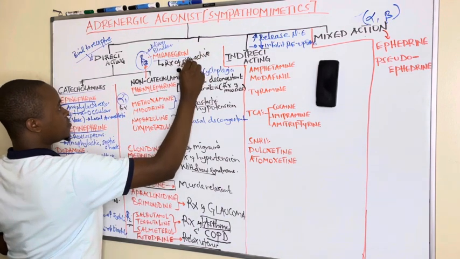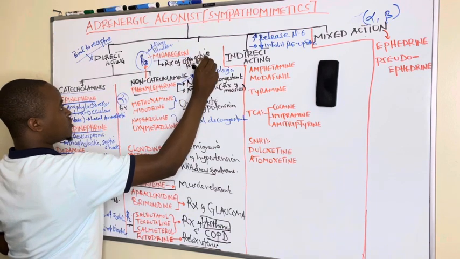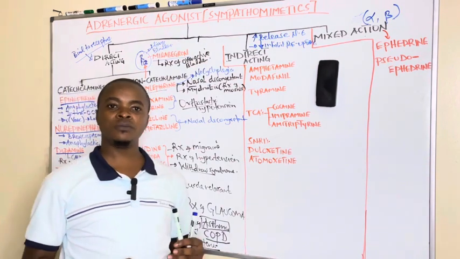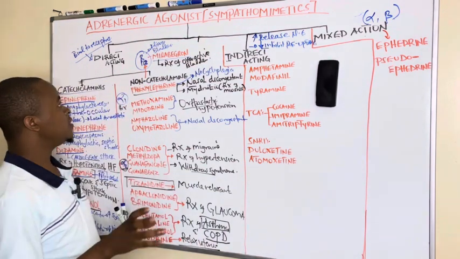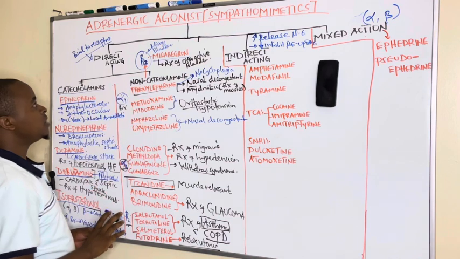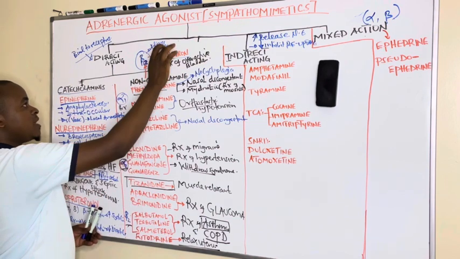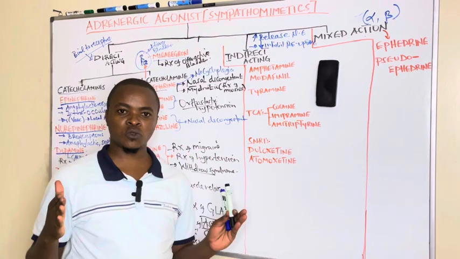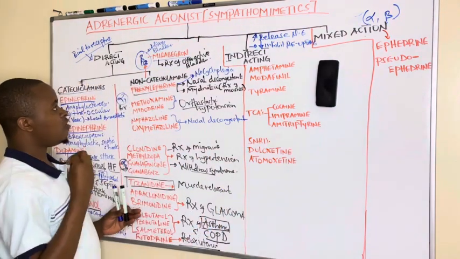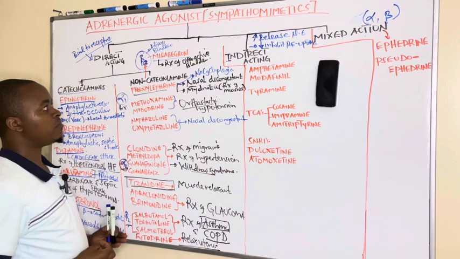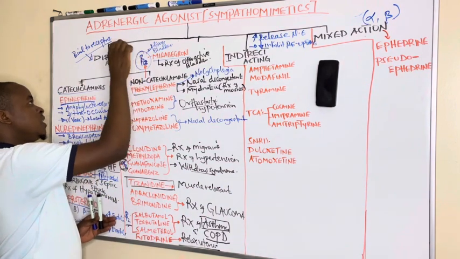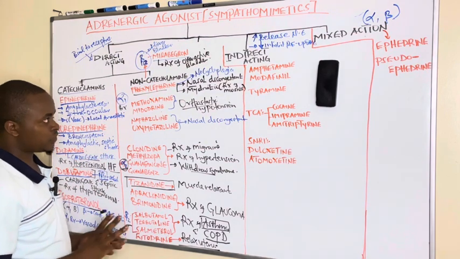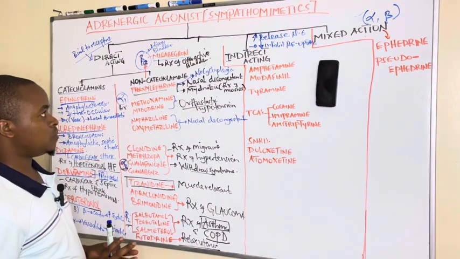If someone's bladder is overactive, with continuous or frequent urination or urinary incontinence, we can apply mirabegron, which targets the beta-3 receptors within the detrusor muscles, leading to relaxation of the detrusor muscles, hence treating the overactivity of the urinary bladder. So mirabegron is the only beta-3 selective agonist we have as an example.